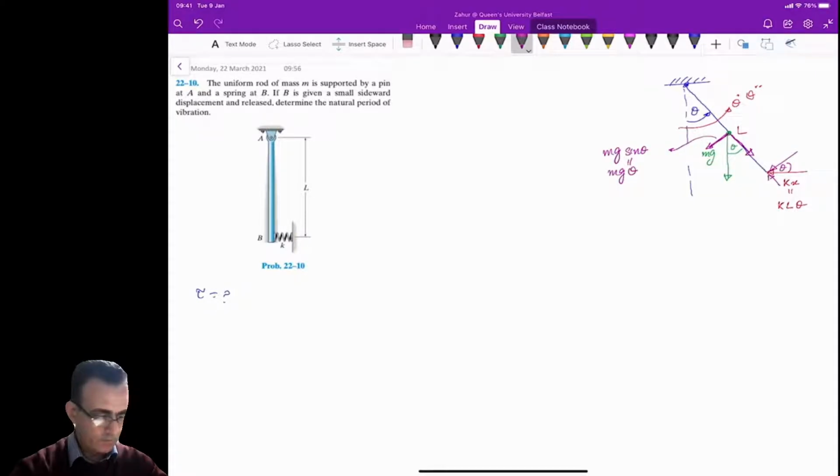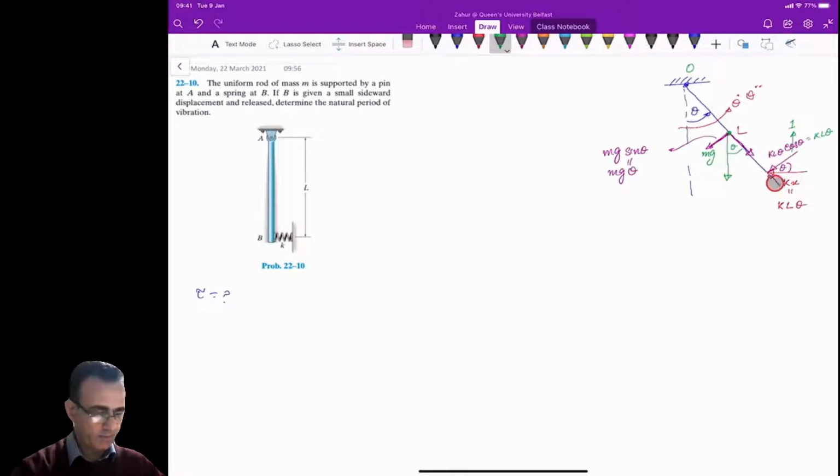So this side will become equal to kL theta cos theta, and because cos theta is equal to 1, because the angle is small, this becomes equal to kL theta here. And this becomes mg theta. This component is not important because it's passing through the point O, so its moment is 0.